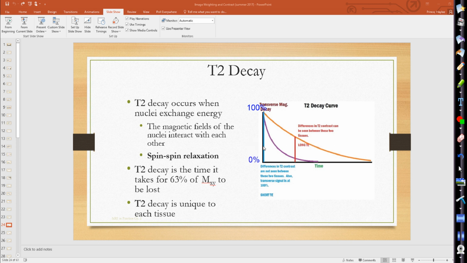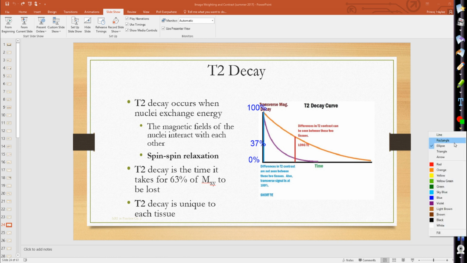But what's 100 minus 63? 37. So a lot of these graphs on T2 decay will have 37%. And that will give us whatever your signal is at 37%. That's basically the time it takes to lose 63% of that transverse magnetization.